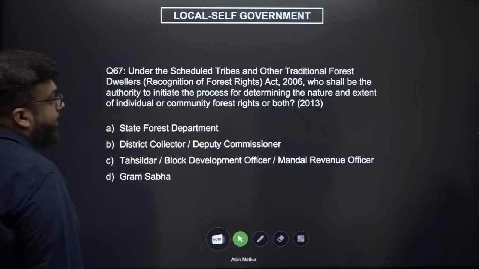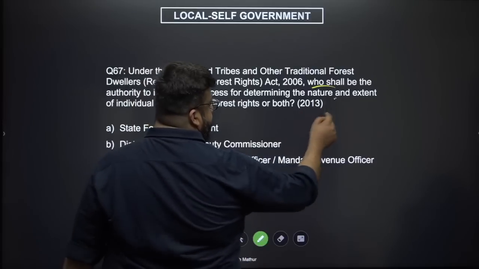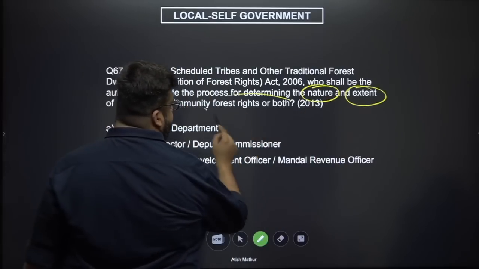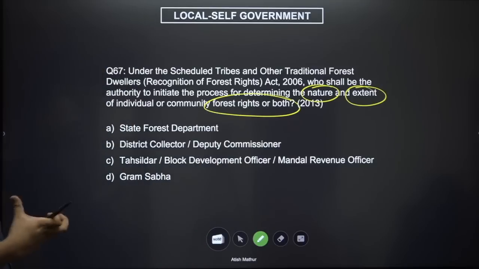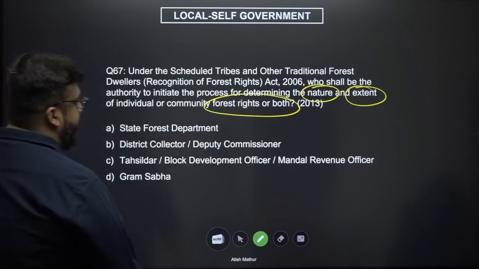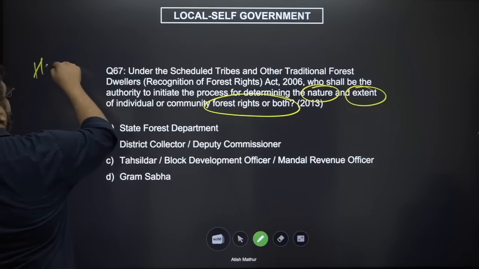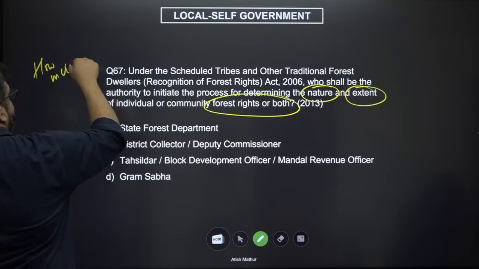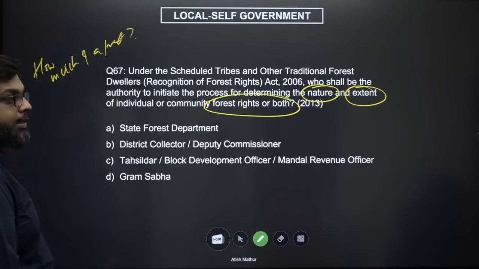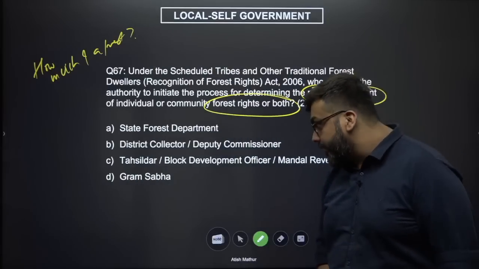Now, you are going to decide the nature and the extent of forest rights, an individual's forest right and a community's right to use the forest, right? Now, this is to decide how much of a forest can be used, right? You're deciding how much of encroachment, how much of activity can happen in a forest.